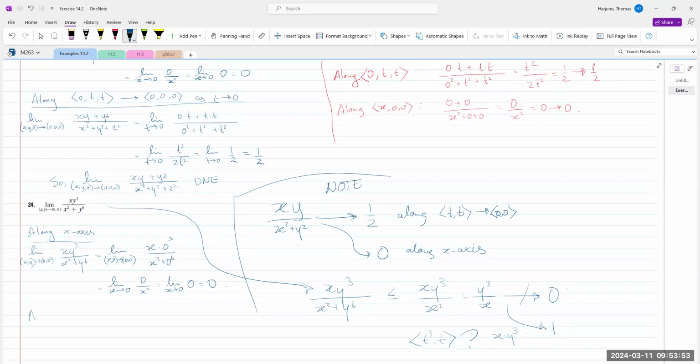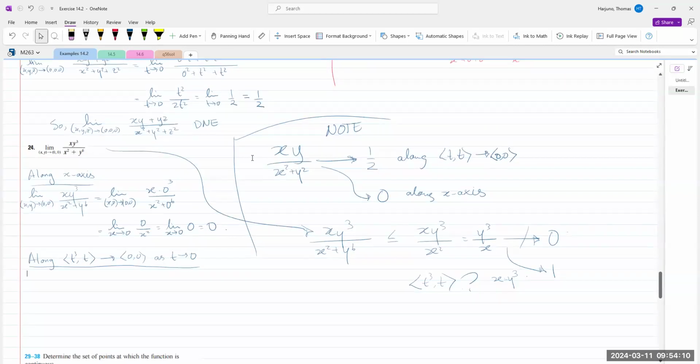Okay, however, when we go along (t cubed, t) approaching (0, 0) as t goes to 0, we get the limit to be something other than 0.